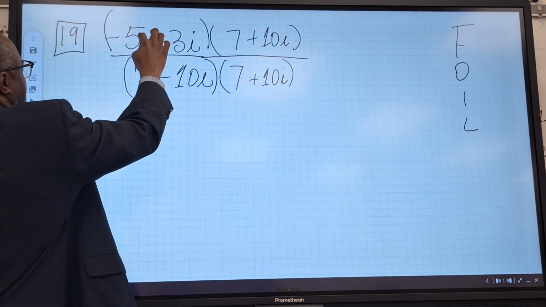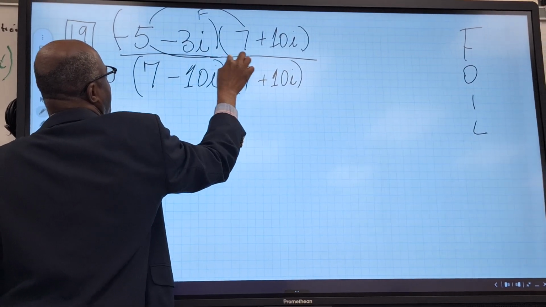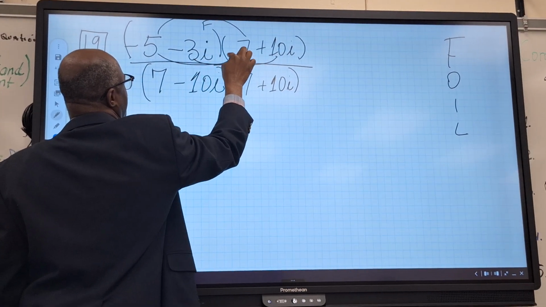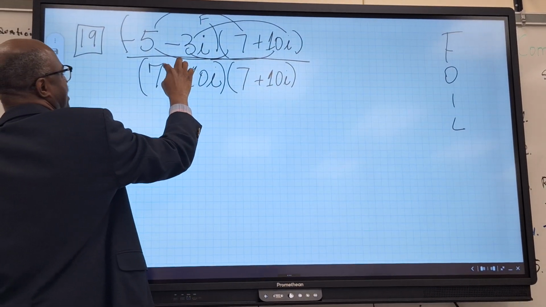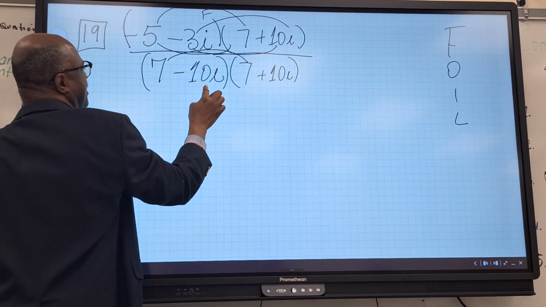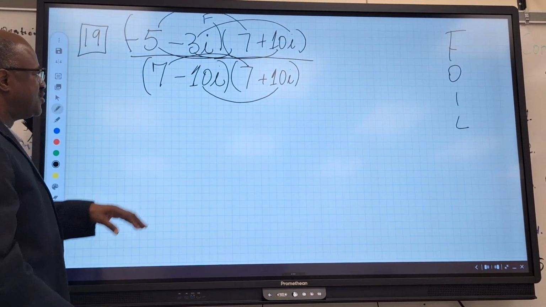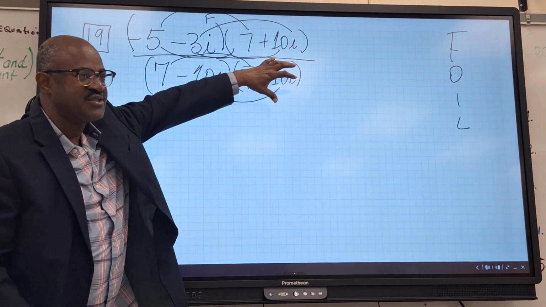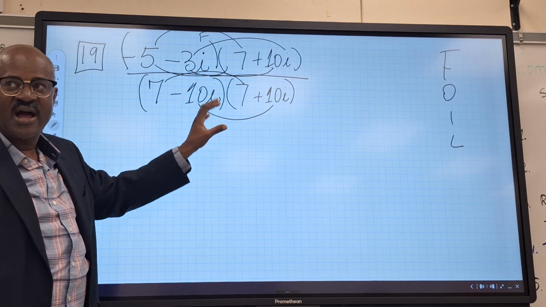That will be your first, outer, inner, and last for your numerator. For the denominator, as you know, this is a difference and this is a sum, so the middle term, the inner and the outer, will always cancel out.